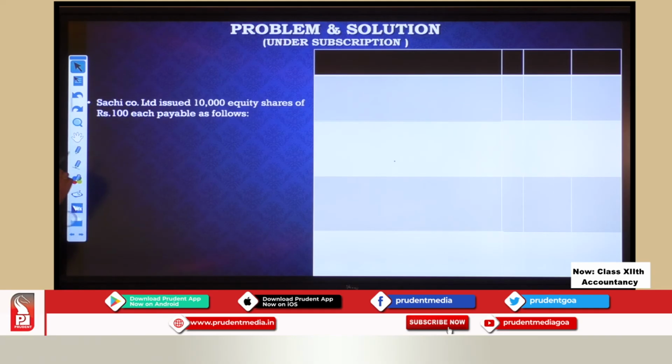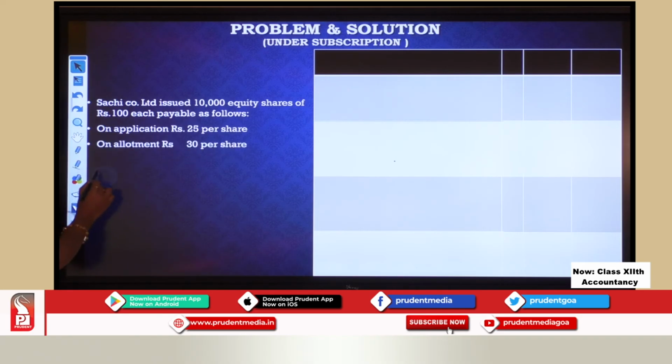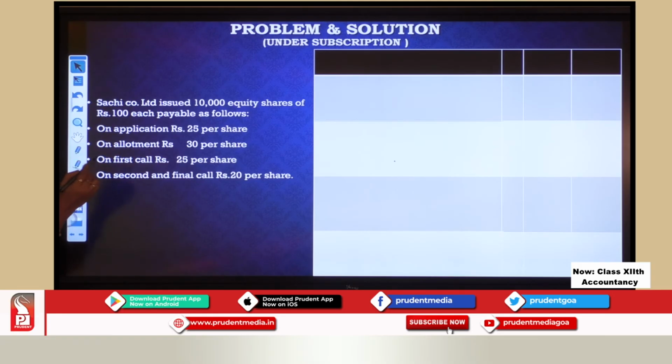Saatchi Company Limited issued 10,000 equity shares of ₹100 each payable as follows. On application ₹25 per share, on allotment ₹30 per share, on first call ₹25 per share, on second and final call ₹20 per share.